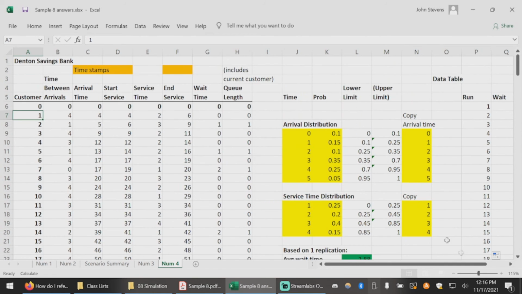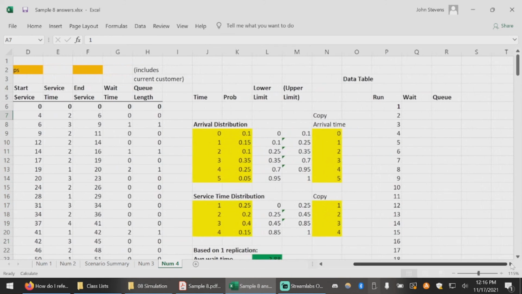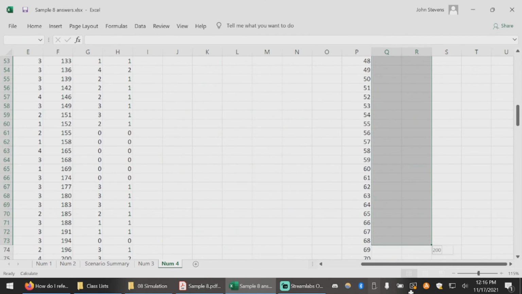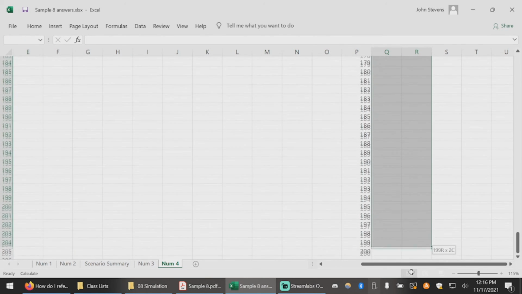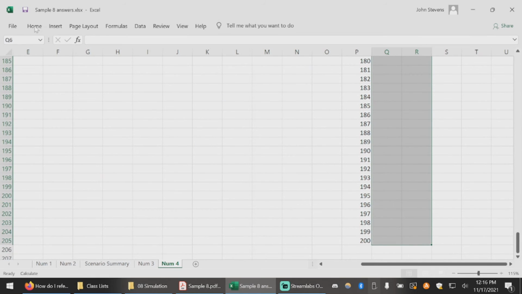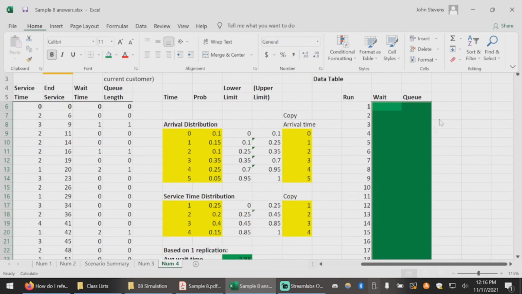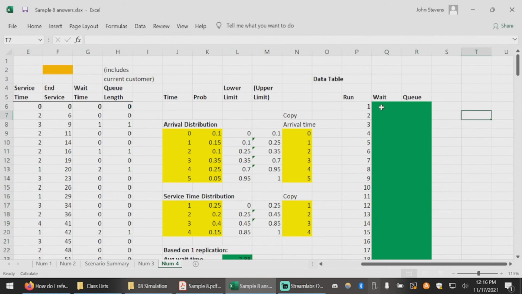Where are we now? Oops, we're on the right here. I want to color this green because I like green. It's how I learned an output cell should look, so I have the habit of doing that.